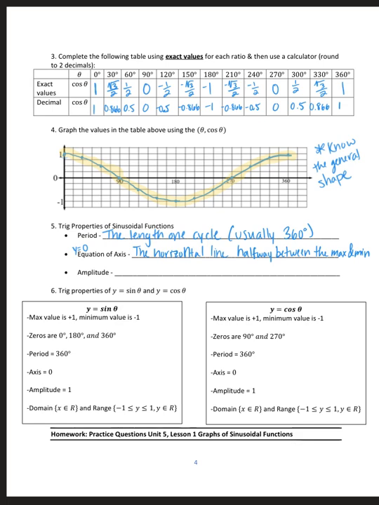And then finally, the amplitude is another important criteria. So the amplitude is the vertical distance from the axis to either the maximum or the minimum. So if we were to represent our axis of symmetry, we would draw a dotted line like this.